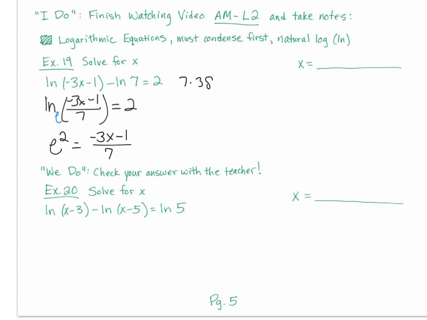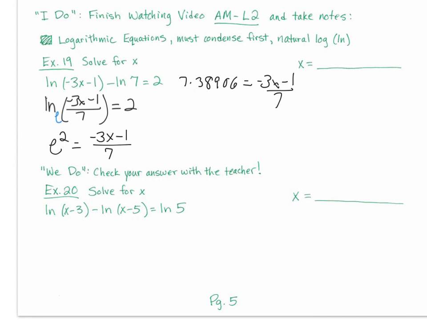My approximation for e squared on my calculator gives me 7.389, and again, let's go to 5 places until we're done here with our rounding to 4. So we say that that is going to be approximately equal to the ratio that we had there before, negative 3x minus 1 over 7.